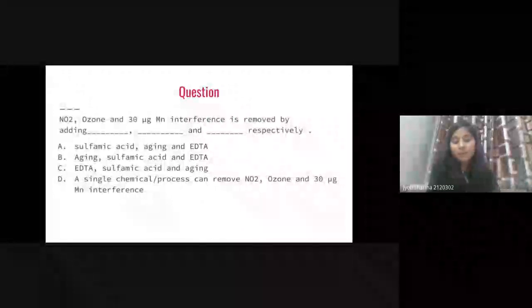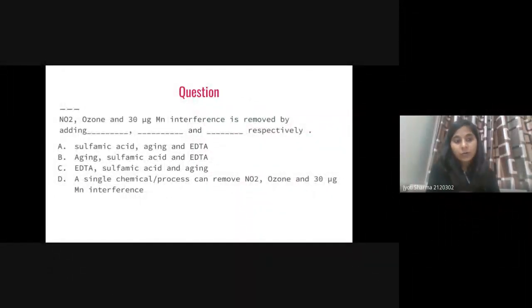So for nitrogen dioxide, what chemical should we use to remove the interference? For ozone, what chemical or what phenomenon? Or for manganese, what should we do to remove this interference, so that the calculation of sulfur dioxide concentration becomes easy for us? So what chemical will we use?